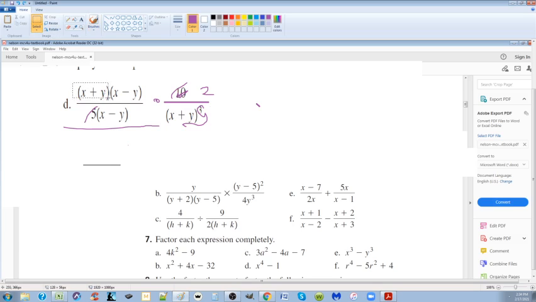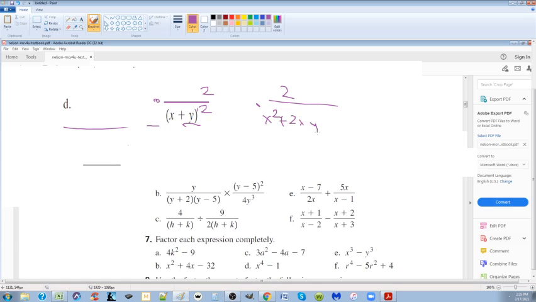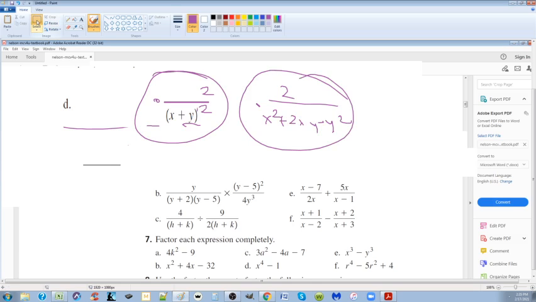So this one's going to be left over, gone, and this one's going to be left with 2 as well. Something to the power of 2, though. And I can see right away that this cancels out with that. So far I'm left with 2 over x plus y to this 2. Now I could expand the bottom, but I don't really see the point. And learn how to expand quickly. But this is probably the simplified form.